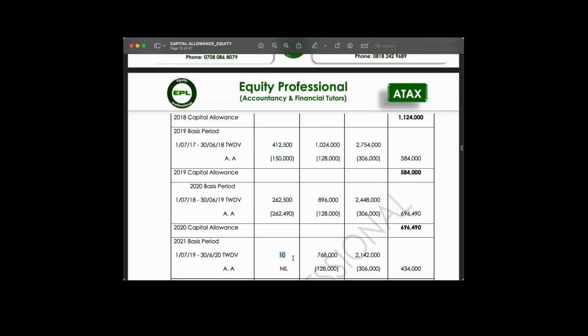But it does not make sense that way, because the act already says this asset is supposed to be used for 5 years. If you extend to the 6th year, it's not supposed to be like that. So I'm terminating this year to get my balance of 10 naira, and that's what I'm going to use to compute my balancing charge or allowance when this asset is eventually disposed.